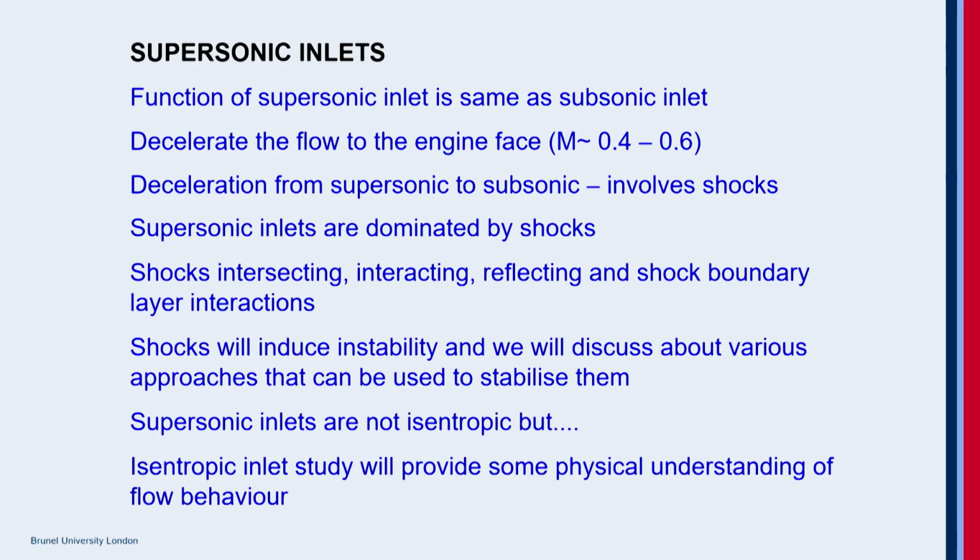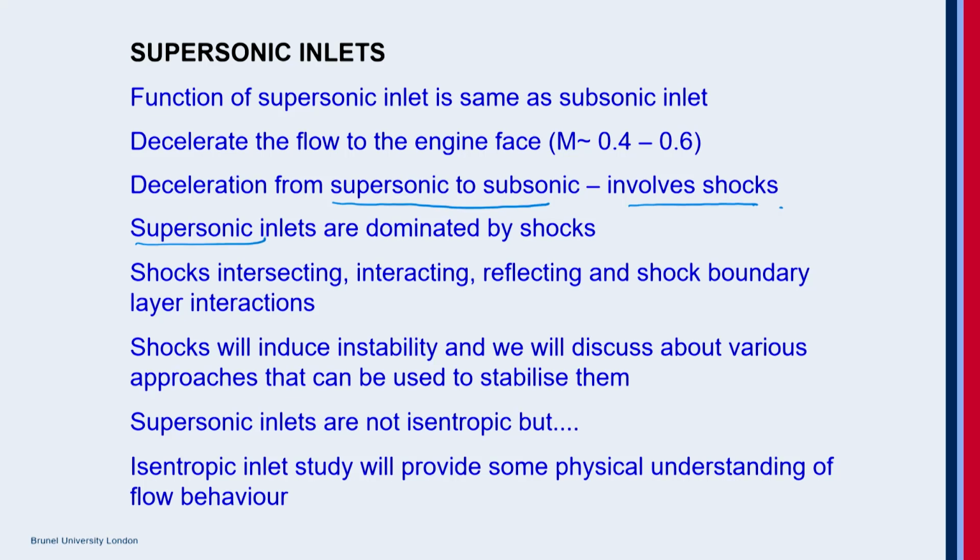Okay, so we have defined the term spillage now, which is important because we don't want to have excess spillage. If we lose mass, then eventually this will affect the thrust that is being produced. At the same time, we have seen this morning that we want to have a good inlet pressure recovery so that we are effectively ingesting the mass of air into the engine with reduced losses. So when we try to decelerate flow from supersonic to subsonic, it involves shock waves.